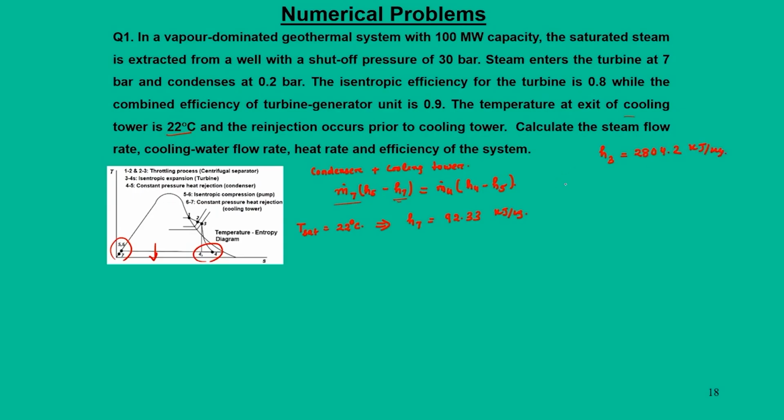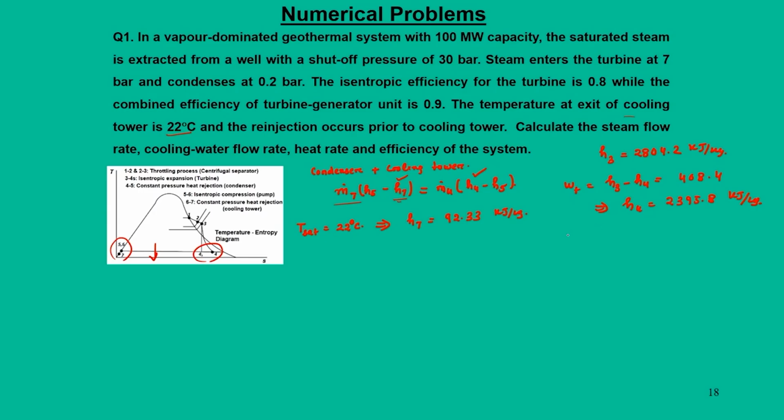We also have WT equal to h3 minus h4, turbine work is 408.4. So, this will give you the value of h4 as 2395.8 kilojoule per kg.